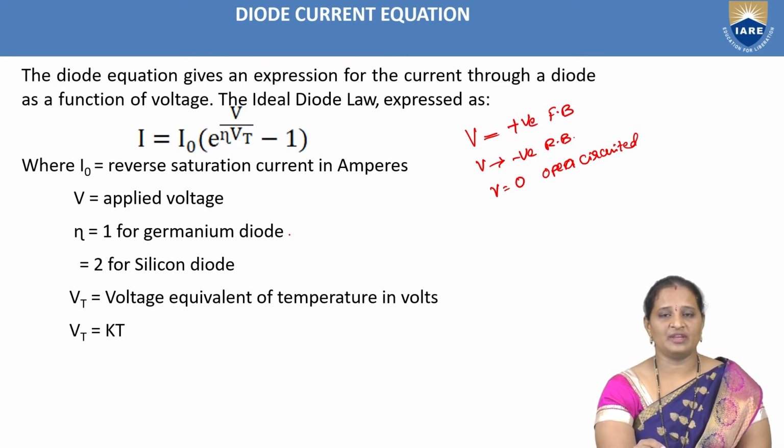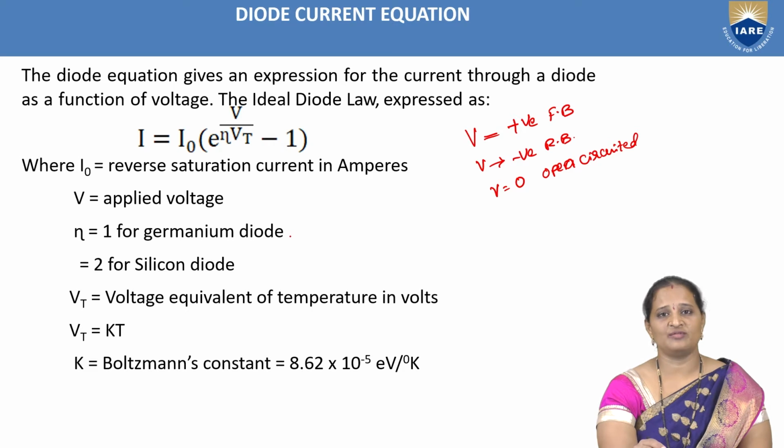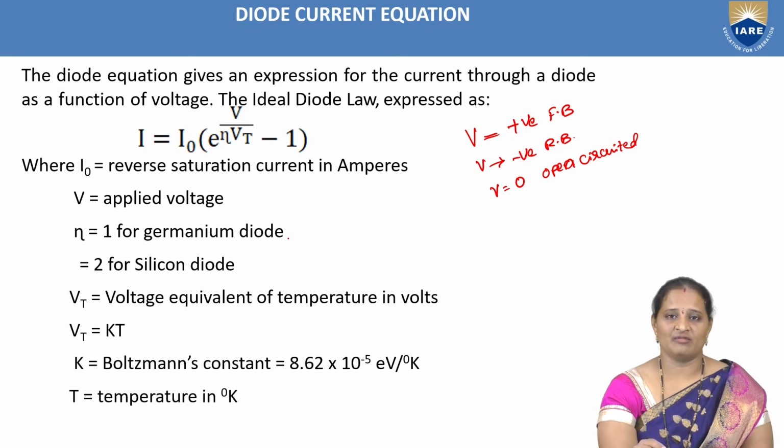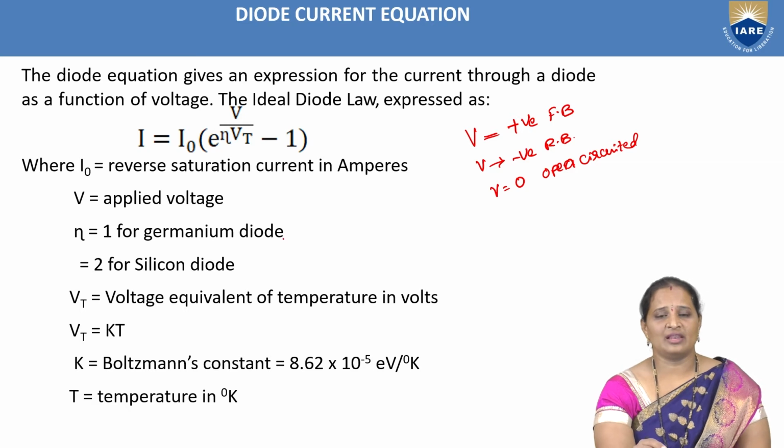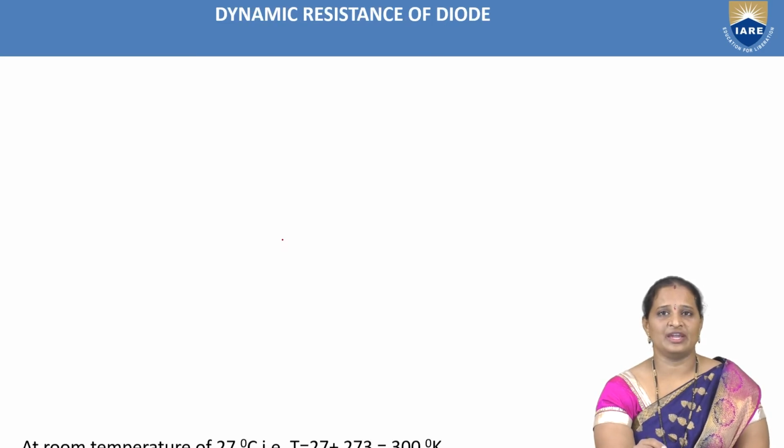The formula for Vt is kT, where k is Boltzmann's constant, whose value is 8.62 × 10^-5 electron volts per degree Kelvin, and T is the temperature in degree Kelvin. How to calculate the temperature in degree Kelvin?